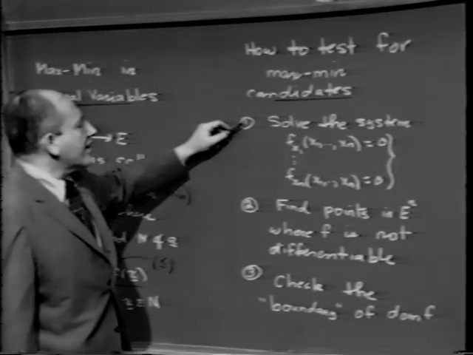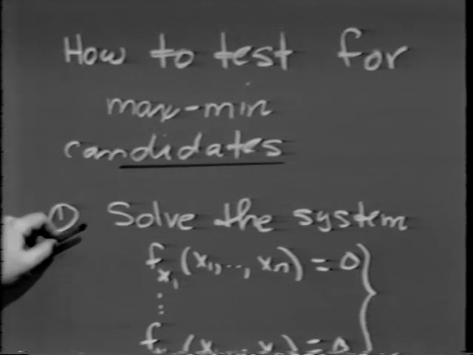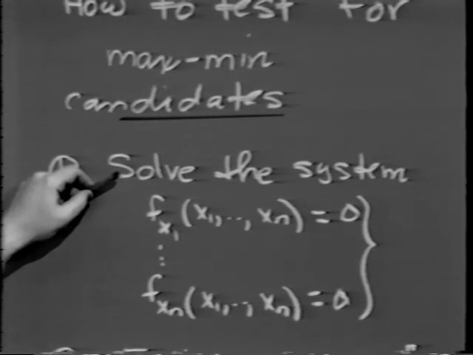Now, the idea is simply this, that if we're going to have a relative high or a relative low point, think of the thing graphically.